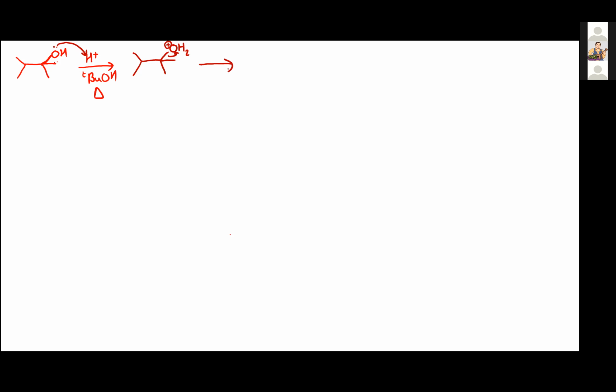So that's an arrow with water leaving, because water is a good leaving group. It's neutral. So you generate a carbocation. Now, sorry, I jumped ahead and did this E1 SN1 thing. That's because I looked at these reaction conditions and thought, okay, I'm in protic solvent.